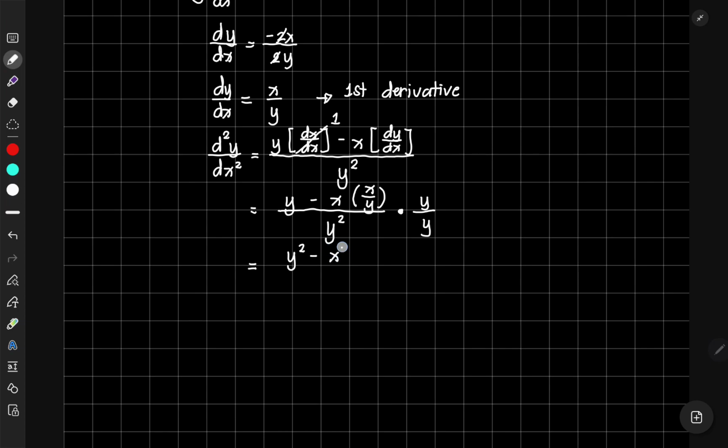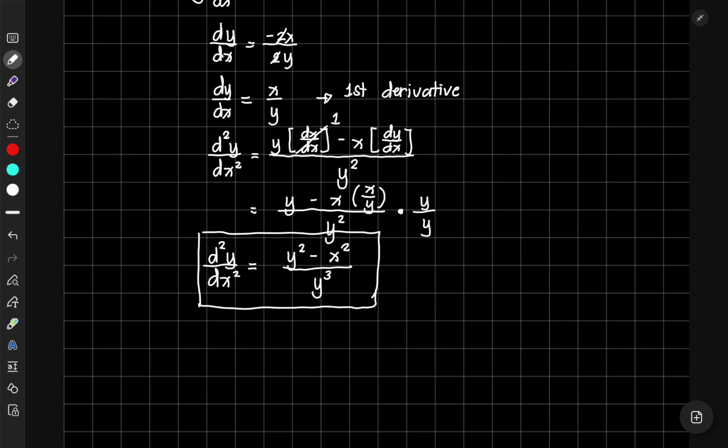So, yung matitira is x squared. So, all over, we have y multiplied by y squared. So, we have y cubed. And this would be the final answer for this problem. So, this is the second derivative. So, kung hinahanap pa ng problem yung third derivative, we have to differentiate again itong second derivative natin to get the third derivative for this problem.